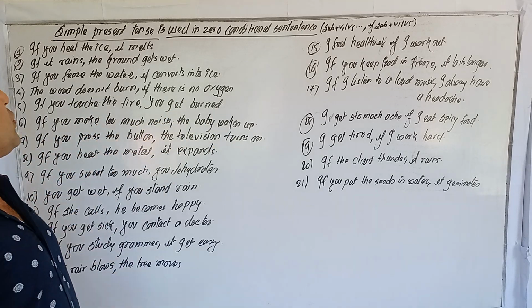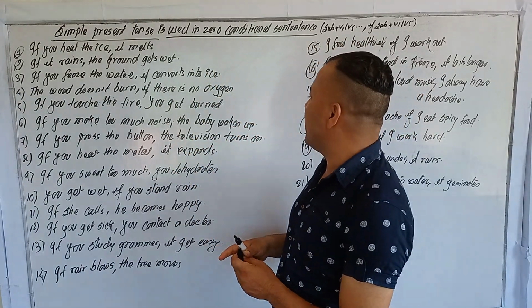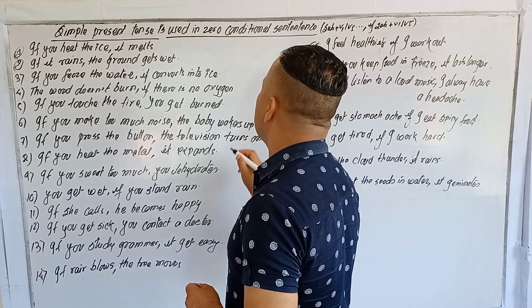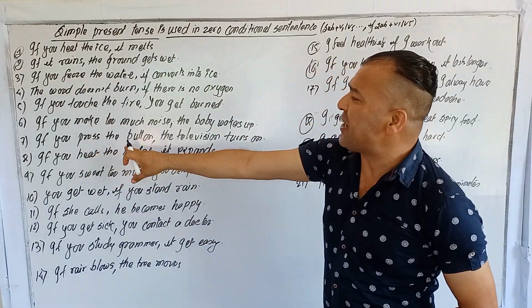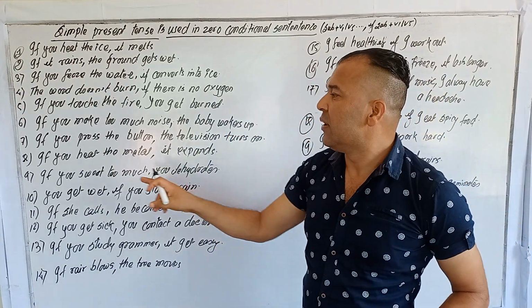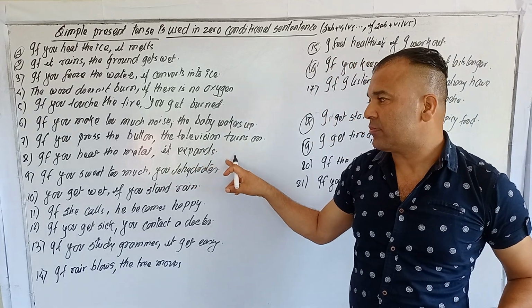If you make too much noise, the baby wakes up. If you press the button, the television turns on. If you hit the metal, it expands.